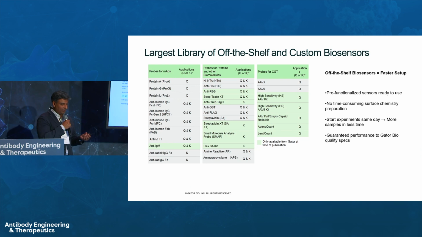For example, we have about 5 different varieties of streptavidin sensor itself for various applications. The typical streptavidin is very commonly used in a broad portfolio of applications. We have a Streptactin or streptavidin XT sensor, which gives you much more signal, like 2 to 3 times more signal than the streptavidin sensor. That can be useful in peptide and smaller molecule applications.